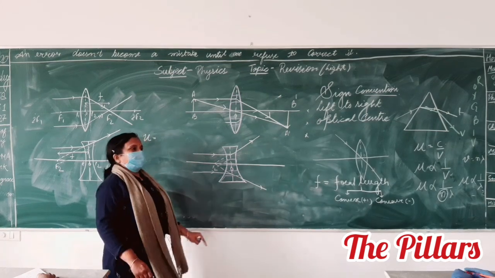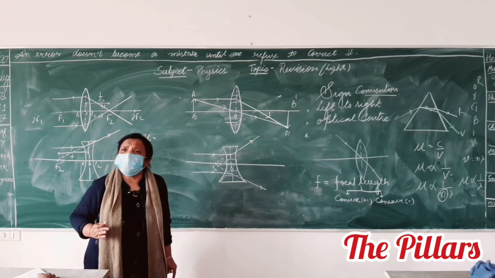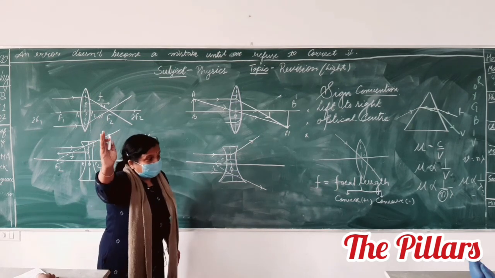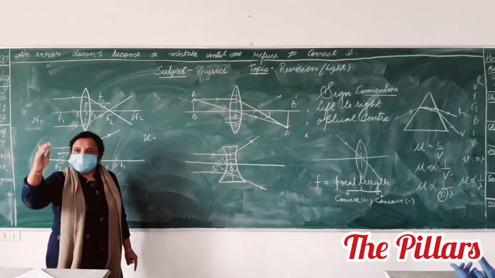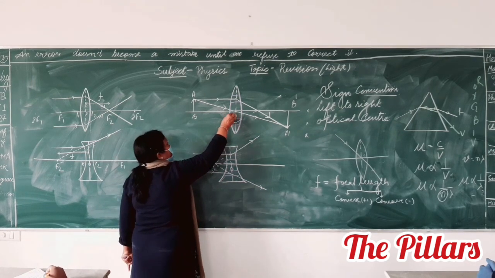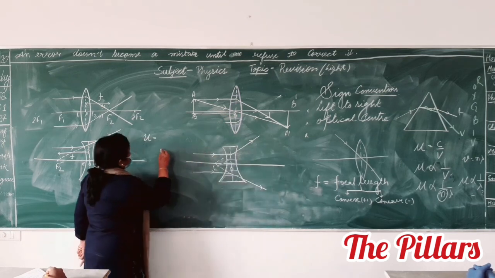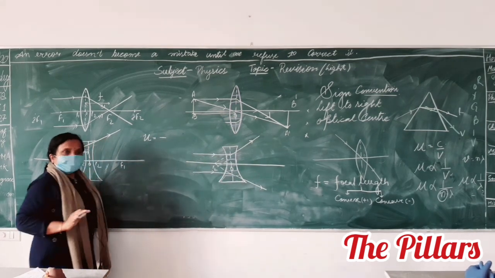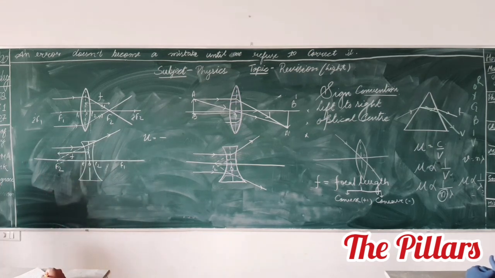Raj Jaiswal, very good. Please clap hands for Raj Jaiswal. Sit down, beta. This is your object distance and this U will be negative. Clear? Because the object will always be placed in front of that.